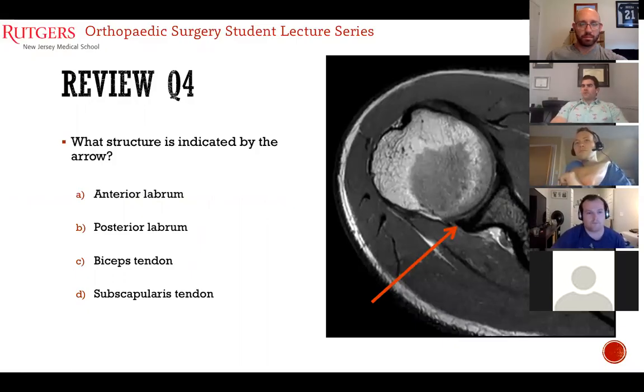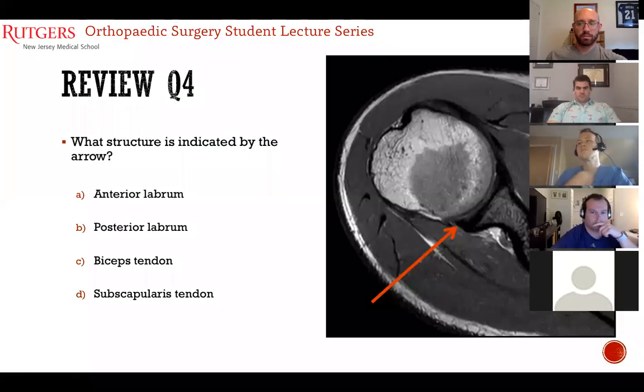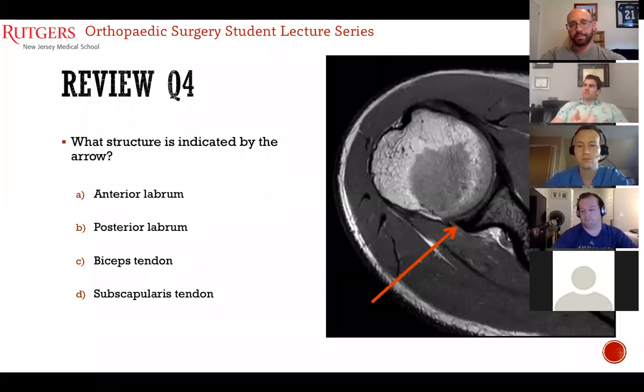Question 4, what structure is indicated by the arrow? We're at 100% right now. Let's keep it going.